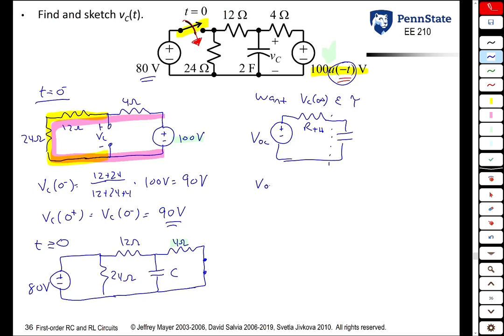To get VOC, we take the circuit on the bottom left there and redraw it, with the capacitor once again open circuited, and that is our VOC.